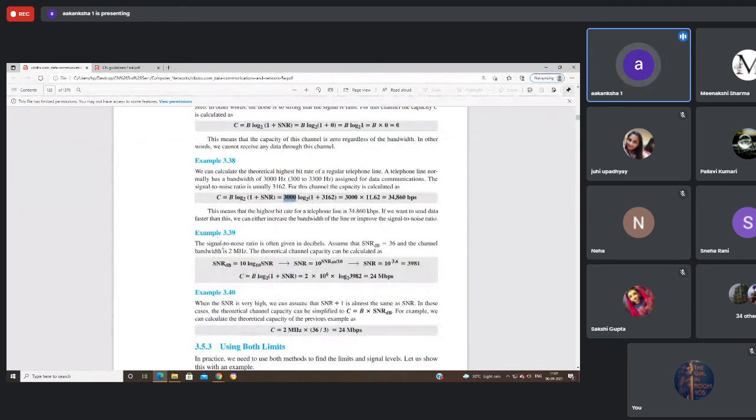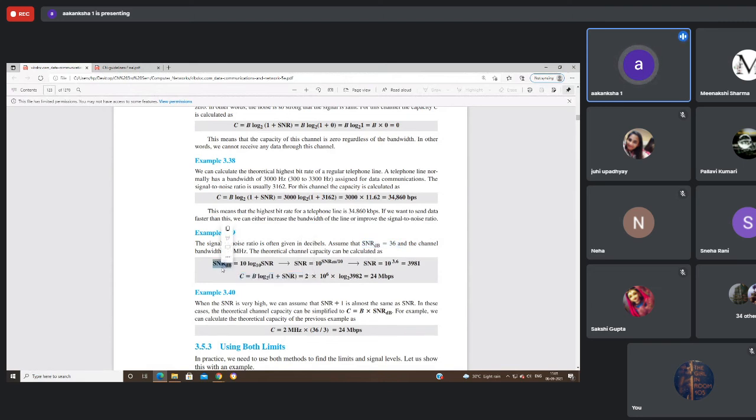Now, signal to noise ratio is often given in decibels, as we have seen. Suppose SNR dB is equal to 36 and the channel bandwidth is 2 megahertz. Using the Shannon capacity formula, you first compute SNR from SNR dB, because the capacity formula uses SNR, not SNR dB.